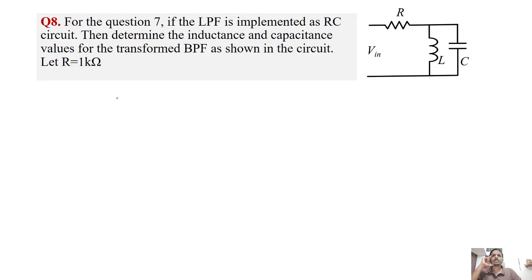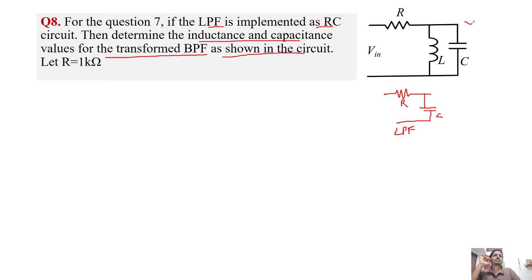Coming to the 8th question. For the previous question, if the low pass filter is implemented as an RC circuit, using resistance R and C, then determine the inductance and capacitance values for the transformed band pass filter as shown in the circuit.